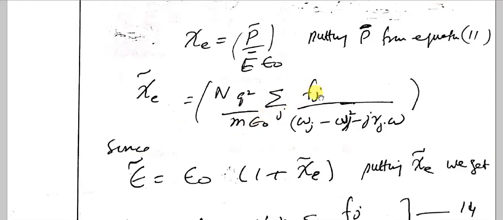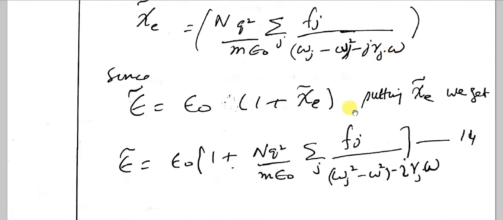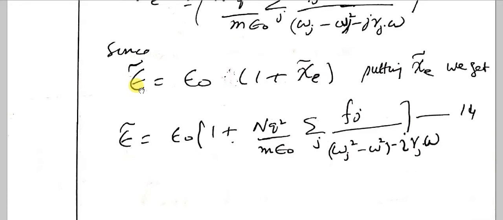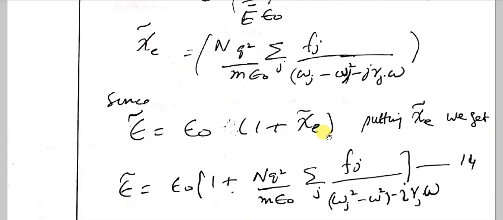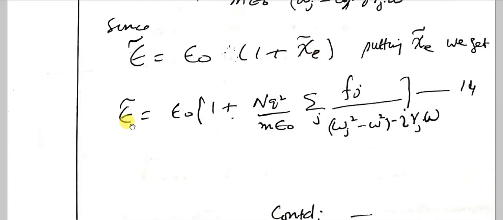Since the complex epsilon is equal to epsilon naught times (1 plus chi E), putting in the value of chi E, the permittivity of the medium is epsilon naught times (1 plus N q squared over m epsilon naught, sum over j of f_j over (omega_j squared minus omega squared minus i gamma_j omega)). Equation number 14.